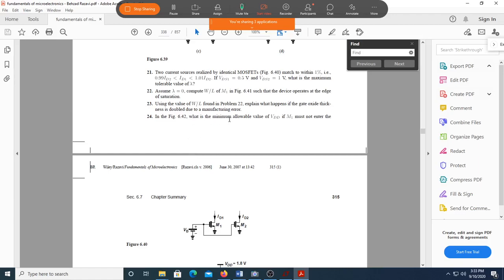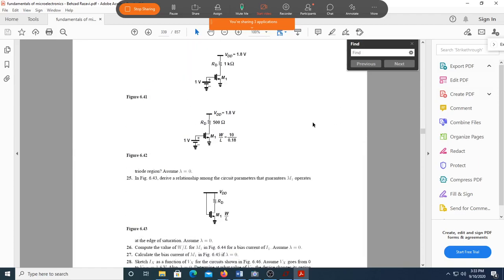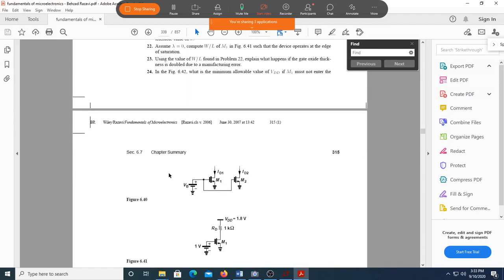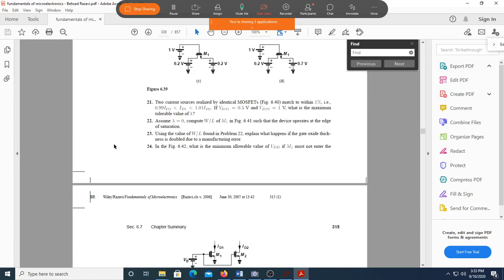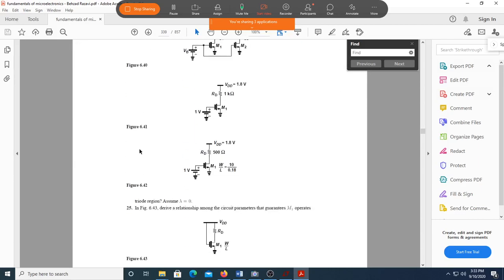What is the minimum VDD allowable? Read the question. Sir, in this figure 6.42, what is the minimum allowable value of VDD if M1 must not enter the triode region? Assume lambda equal to 0.